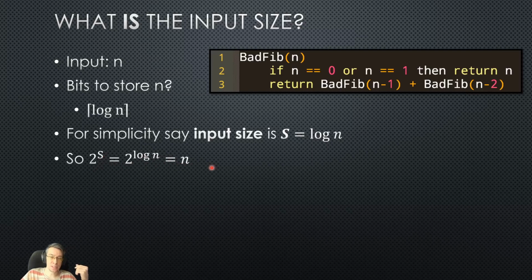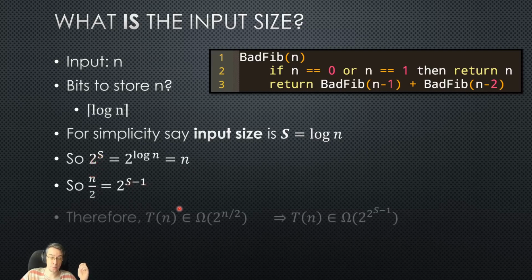So if s is the input size, 2 to the s is exponential in the input size. n is exponential in the input size. And n over 2 is 2 to the s over 2, which is 2 to the s minus 1. So what this tells us is that T of n is in big omega of 2 to the n over 2.